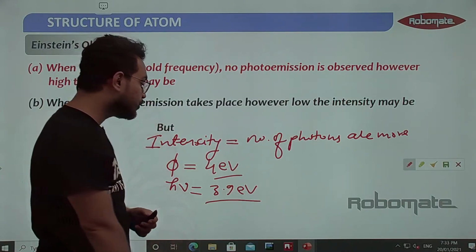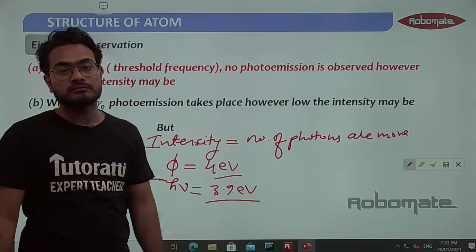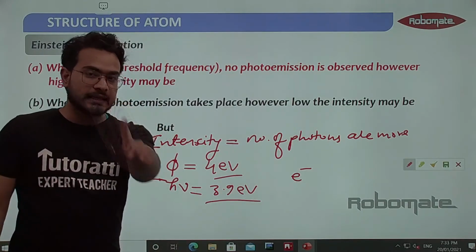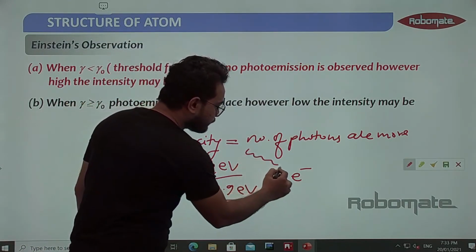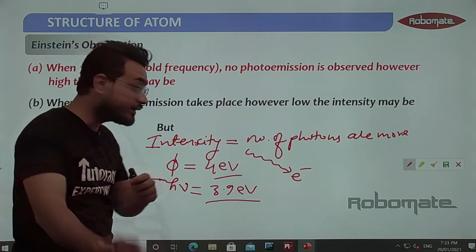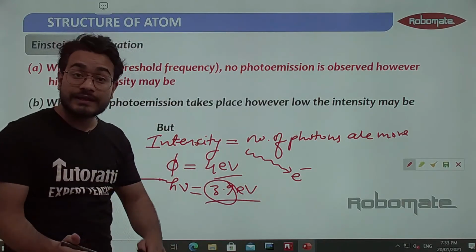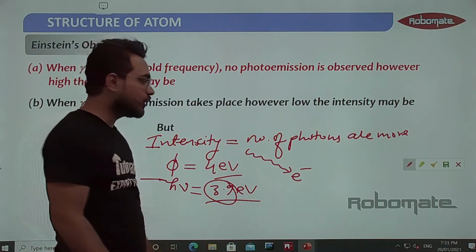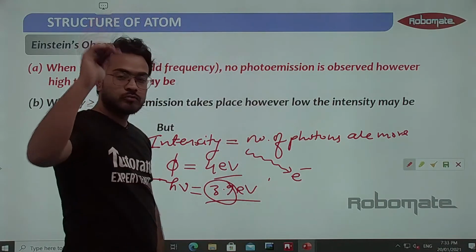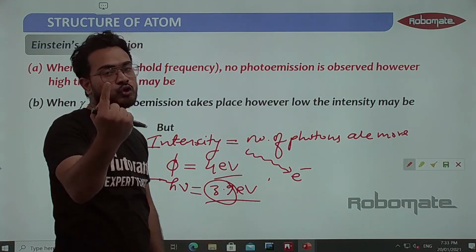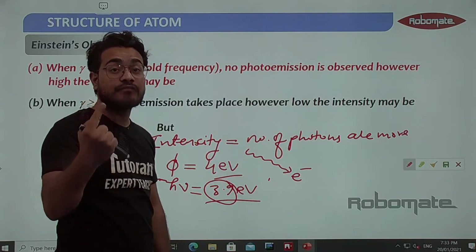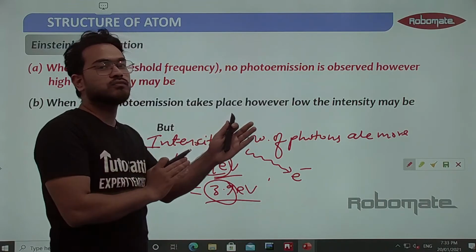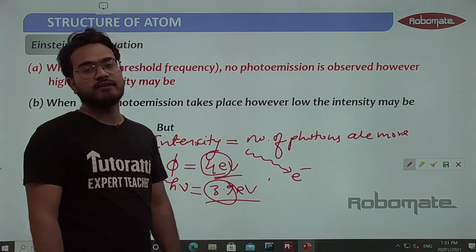Electron will not come out because you are not providing enough energy. Because one electron will only get one photon, and you are not increasing the energy of one photon. You are increasing the intensity. It does not matter to electron whether you are providing n number of photons, because for electron only one photon matters, and the energy of that photon should be equal to 4 or greater than it. Then only the ejection of electron will happen, else it will not happen.